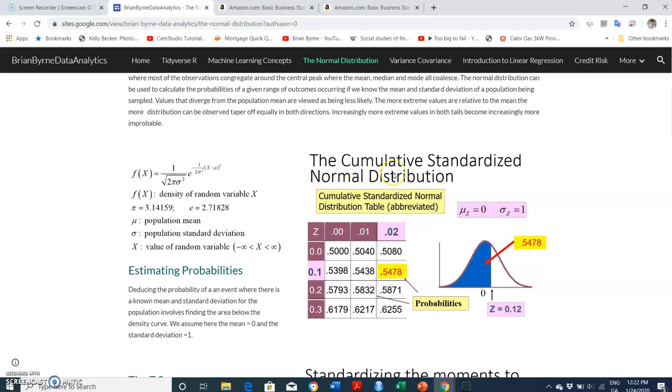Starting point might be you would take a look at the cumulative standardized normal distribution. This, if you like, is a way of representing the probability that particular events could occur.